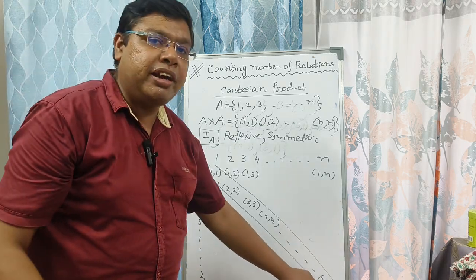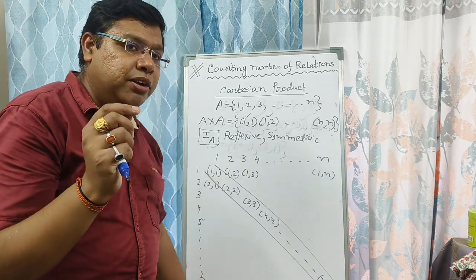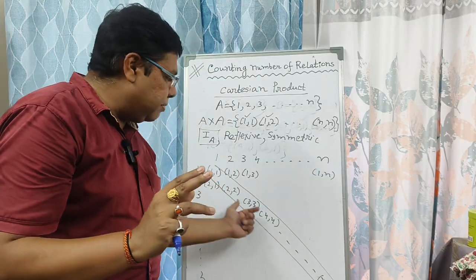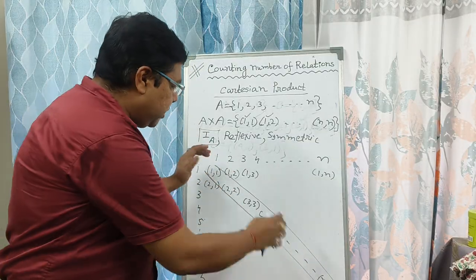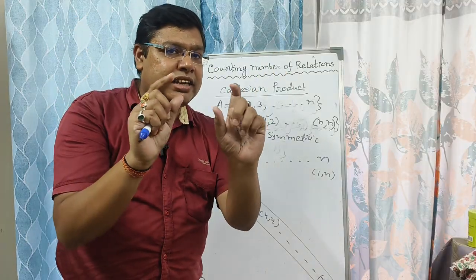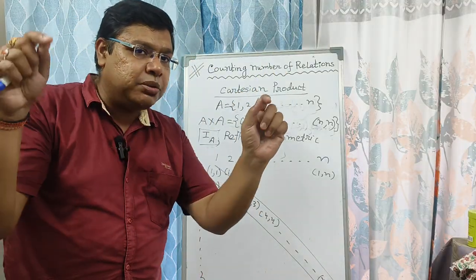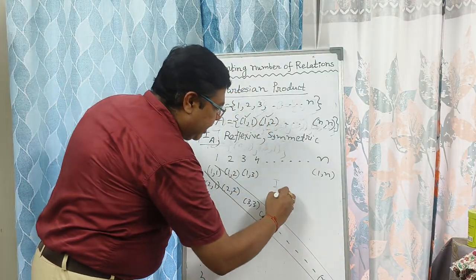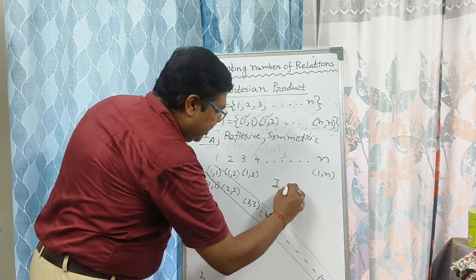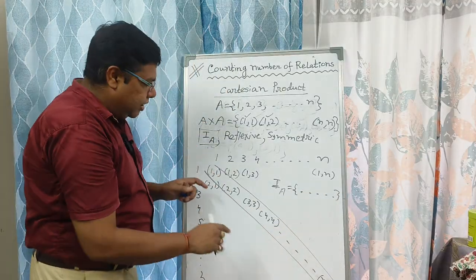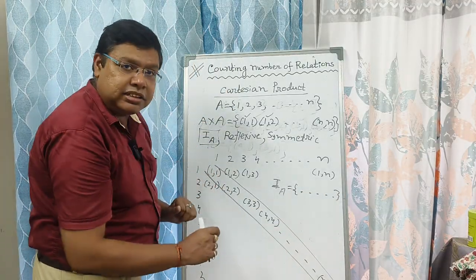Now all the elements should be taken, because I have told you the relation is between same elements only. If you take all these elements and make one set, you will get a single set. How many elements will be there in IA? One, two, three, like this.